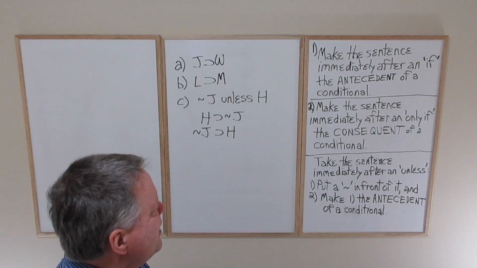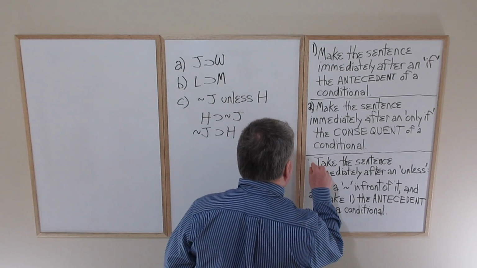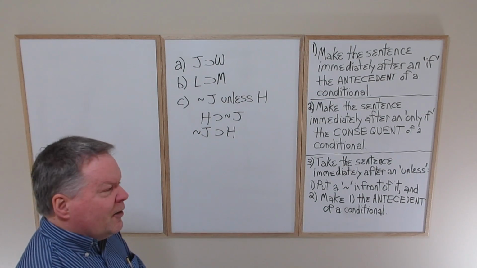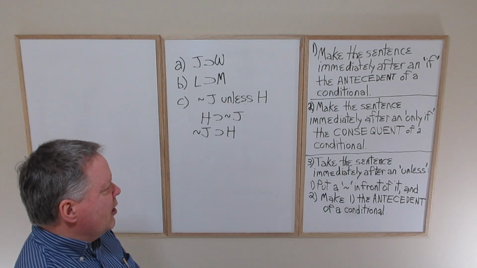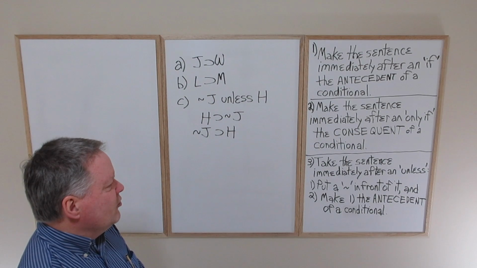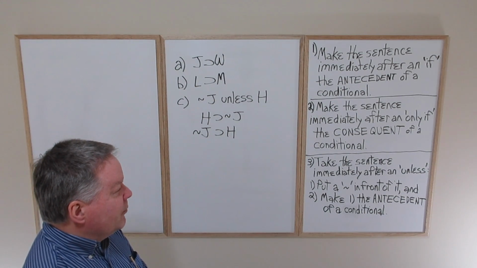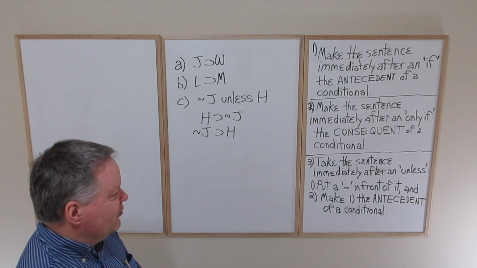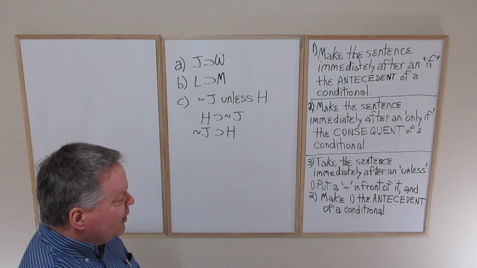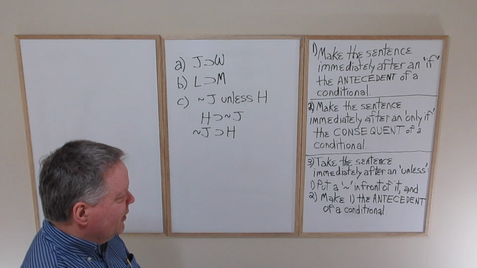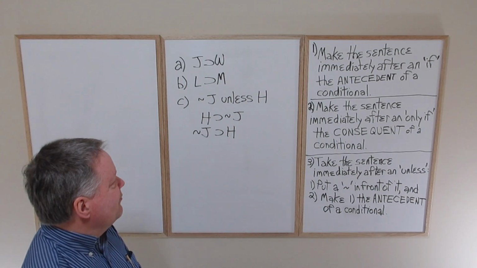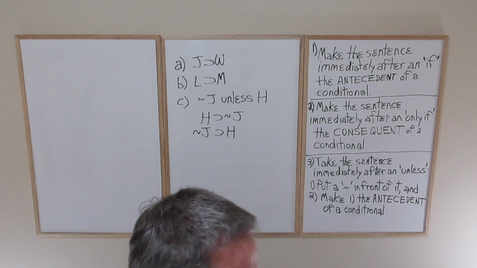Here, we need to invoke what we can call the third principle, and this one is a little bit more complicated. It says, take the sentence immediately after an unless, and then there are two things that need to be done. Put a tilde in front of it, and make that the antecedent of a conditional.